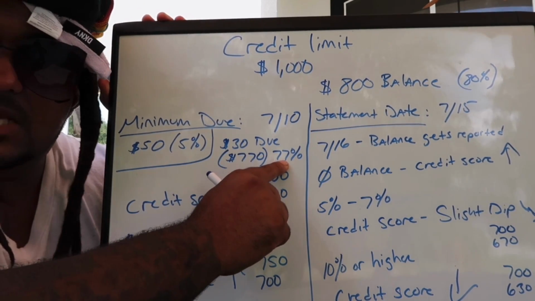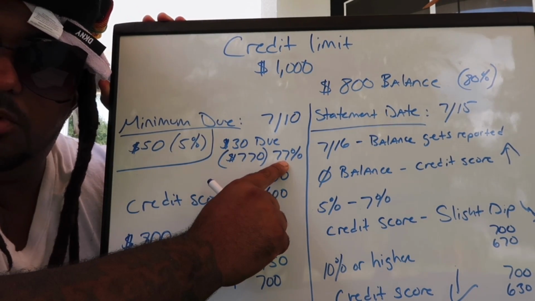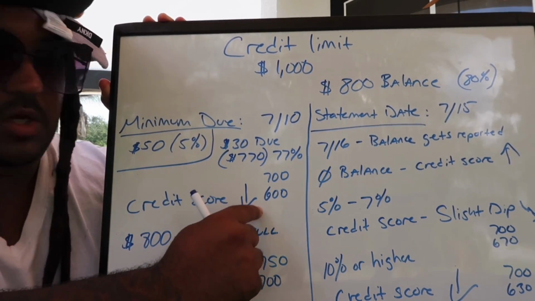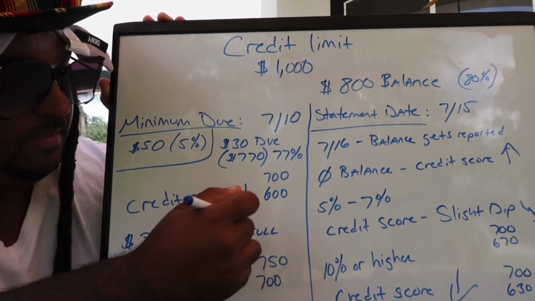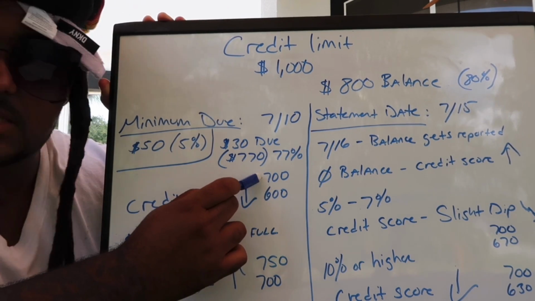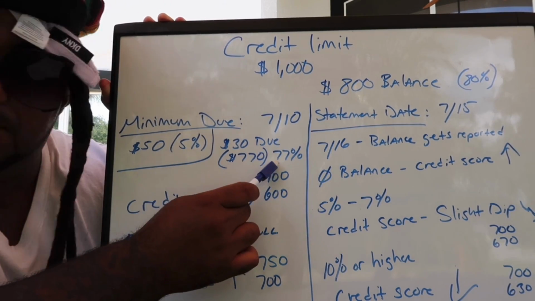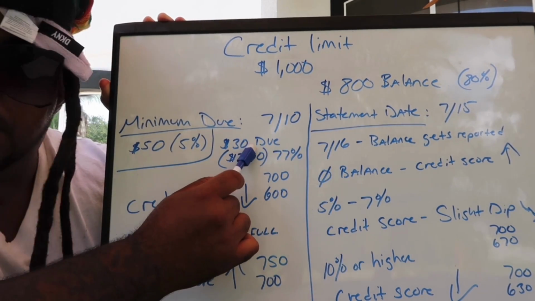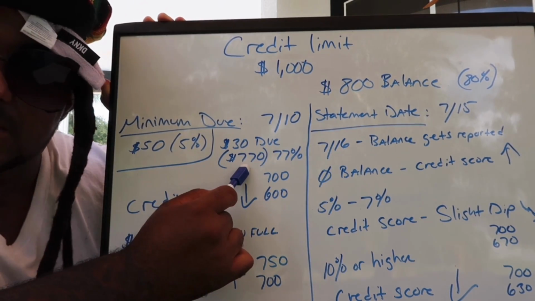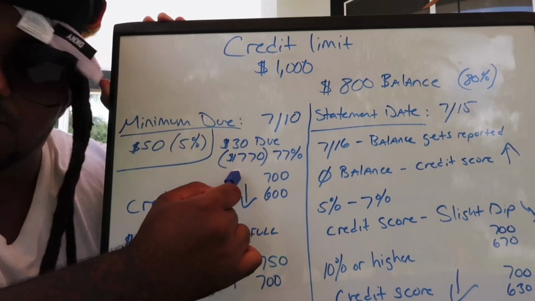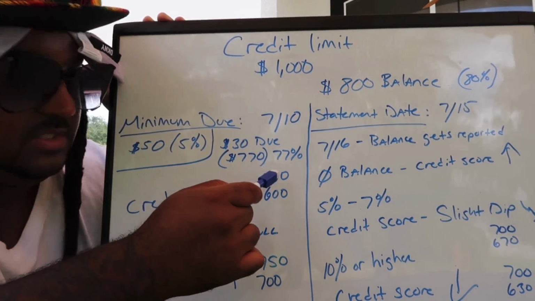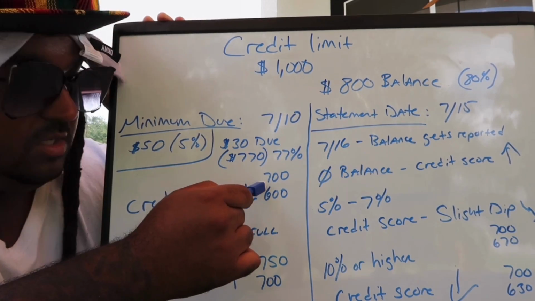If you let that 77% utilization report out to the credit bureau, your credit score is going to go down. I put an example here. Say you had a 700 at the time this happens, you have an $800 balance, you make a $30 payment, and you're left with a balance of $770. If you let that report out as your balance, $770 at 77%, you'll drop from a 700 to a 600, right?